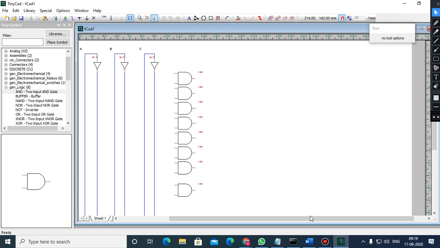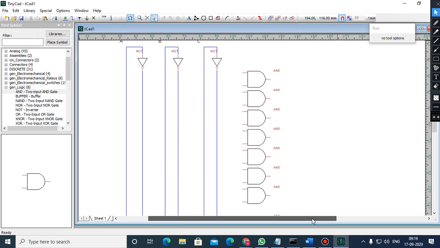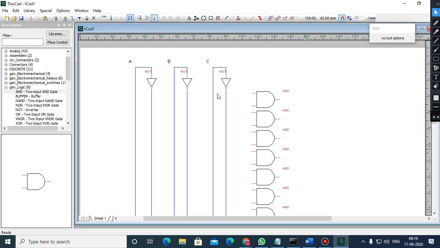And now you have to connect. I hope you all know how to design a decoder. In that case, this very first gate is representing 000, so I need to connect this with 0.